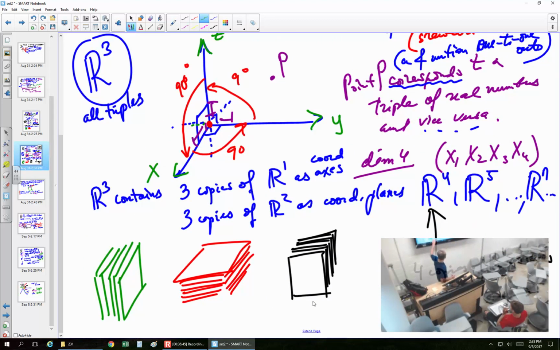So these are the slices for the three-dimensional space sliced into two-dimensional sheets. Okay, the four-dimensional space is sliced into three-dimensional sheets, if you like. But the point being is that the formula should be the same if we are going to one of its copies of R3 contained in it.